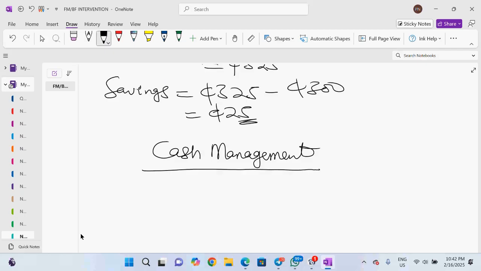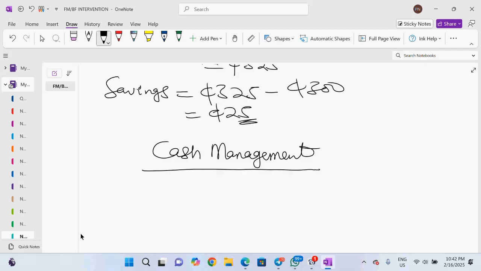Yes, having a lot of cash in the business doesn't show that it is a good thing, because that cash can be invested in short-term securities which will generate interest, but we are keeping it in the coffers. So it's not good.